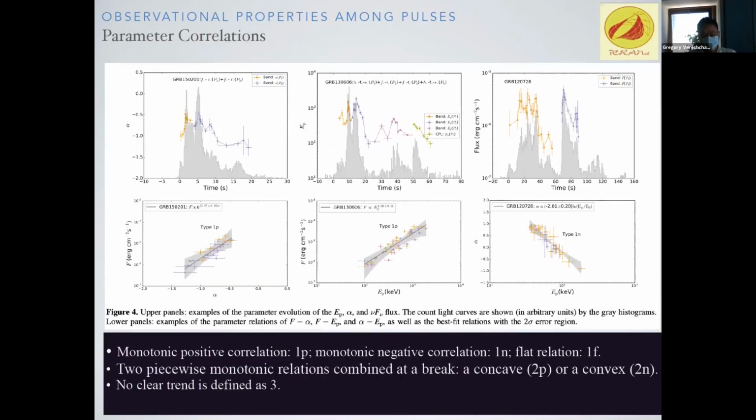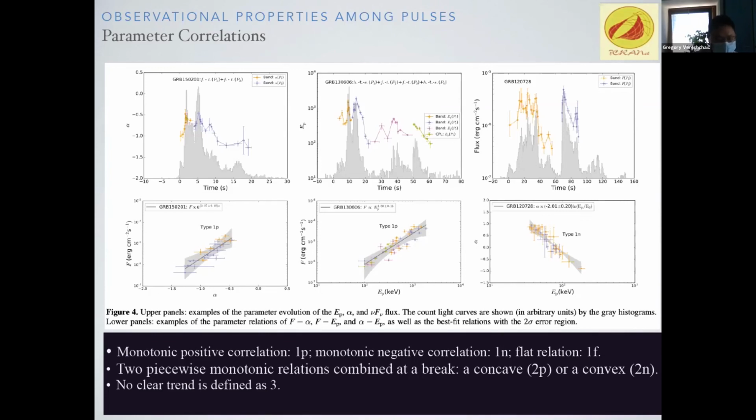Next we investigated the parameter correlations. We found that there are three main types. The first is monotonic correlations, which includes three subtypes. The second is two-piece monotonic correlations separated at a break.